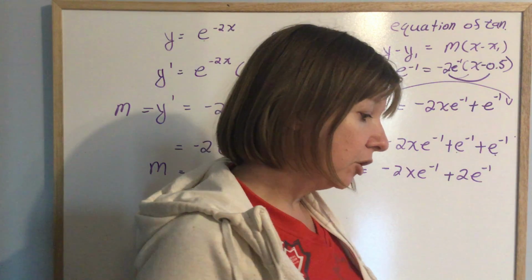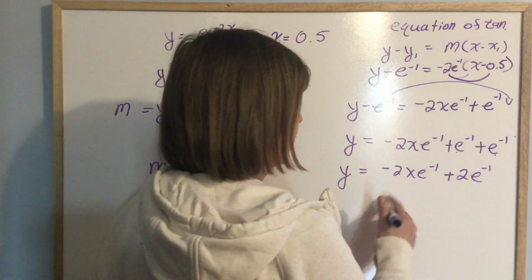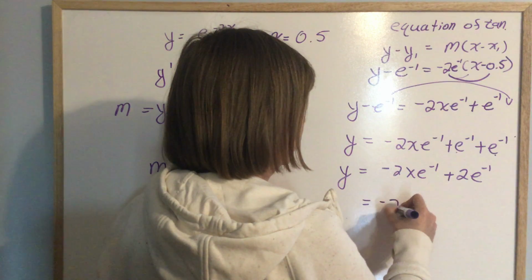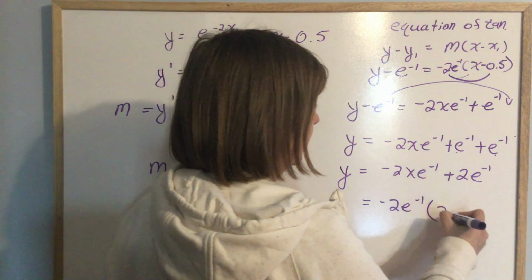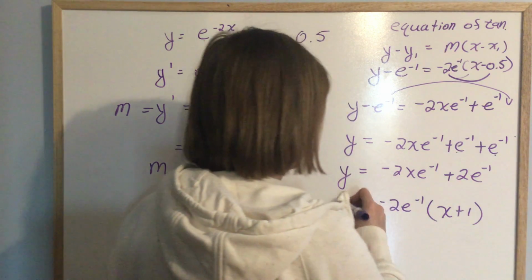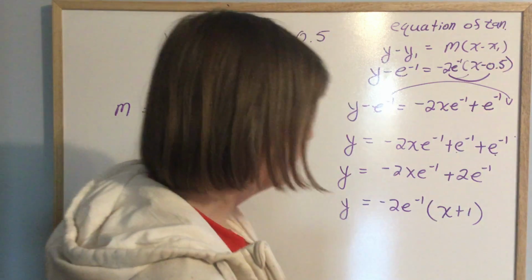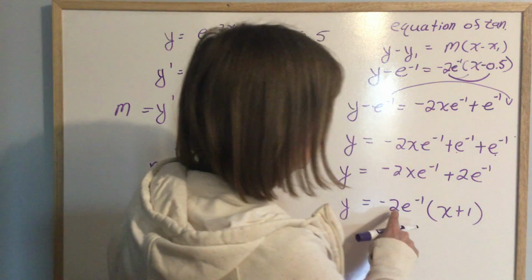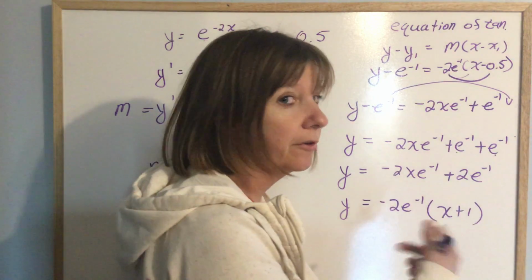And then I could potentially take out negative 2e to the negative 1 as a common factor and end up with x plus 1. I could do that. All right. They have x minus 1. Oh, they didn't take out the negative 2. They took out positive 2. I took out negative.